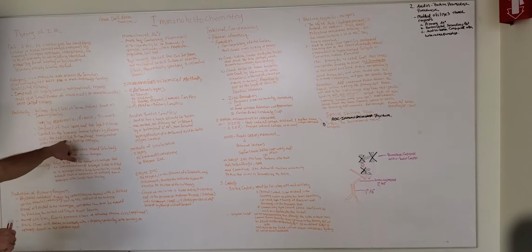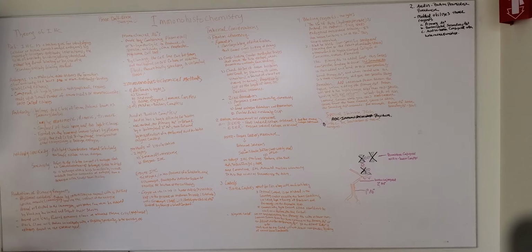The end cell being the B lymphocyte, and that B lymphocyte transformation is after recognizing a foreign antigen. So depending upon, let's say, antibody specificity, antibody characteristics to bind selectively to a single epitope or an antigen.